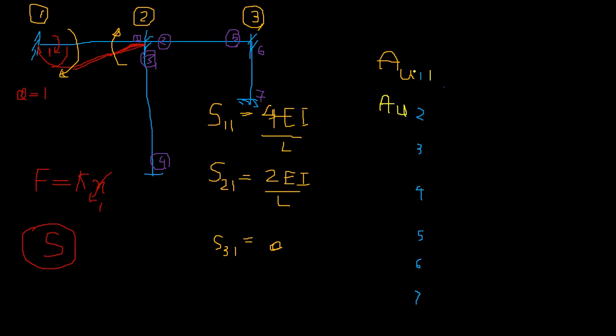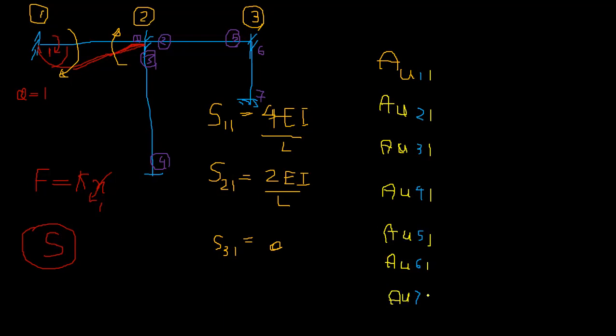The action at action coordinate 1, action unit at 1 due to the unit displacement at first redundant coordinate, right? 1, action at 3 due to the unit redundant at first coordinate. That's how you read it. Because the unit redundant is acting at the first redundant displacement coordinate, right?